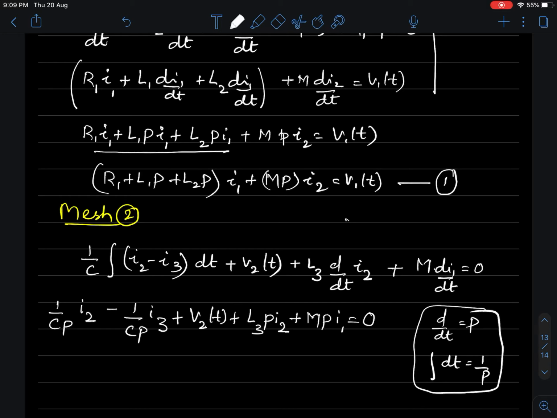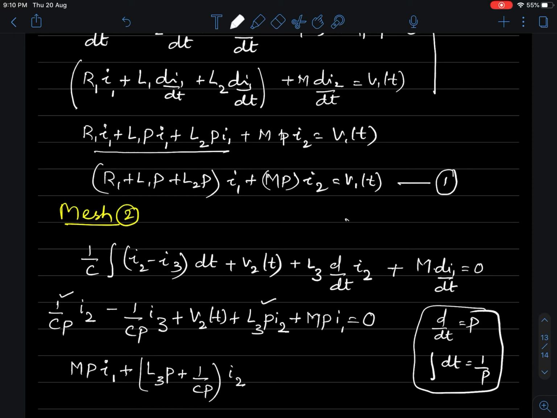Alright, so I'll group the terms in this equation. How do I group? My first coefficient I have to write for I1, so I'll write this as M into p into I1, plus I'll group the terms containing I2. There is one term here, there is another term here, so if I write it properly, it will be L3p plus 1 by Cp, this whole thing into I2.